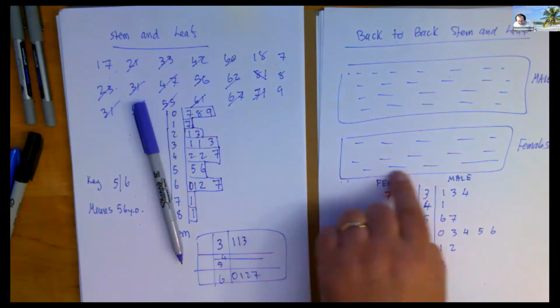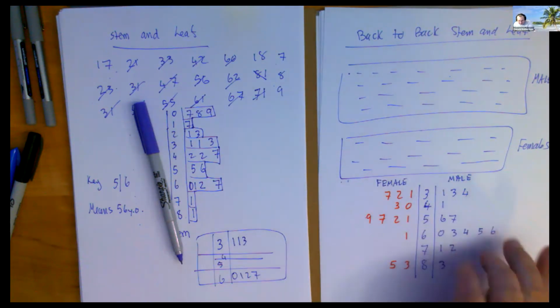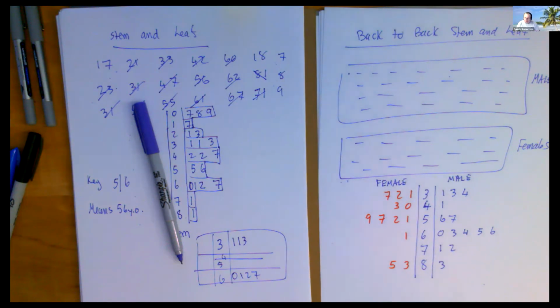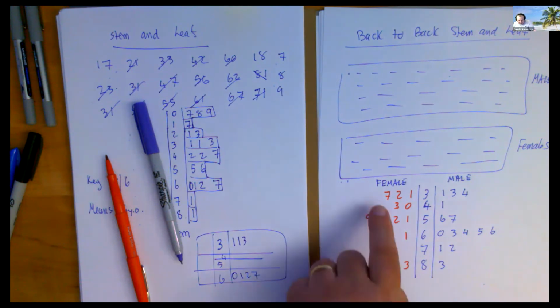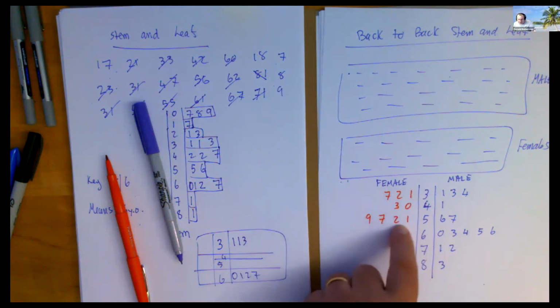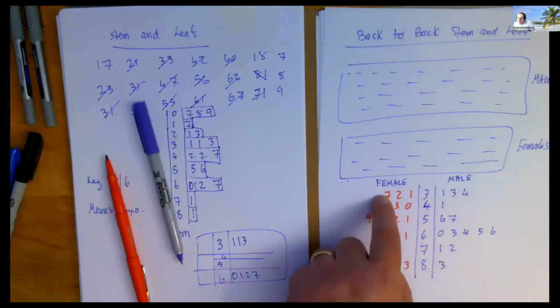Now, when you look at this, what it allows you to do is to look at one and compare it to the other. And so you might look at this data and say, what do I notice? I would probably say that the majority of females are in the 30 to 50 age group.